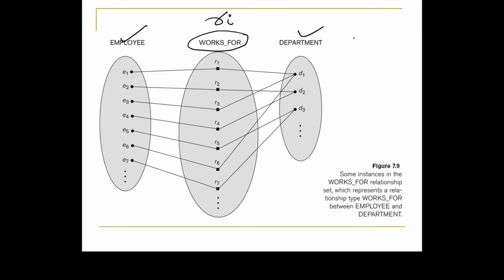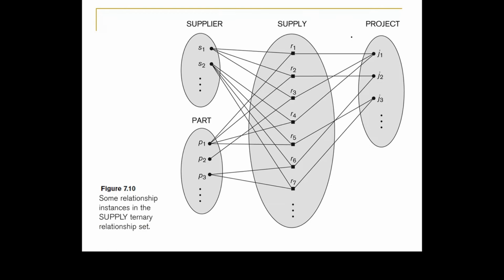A relationship of degree 3 is called ternary.